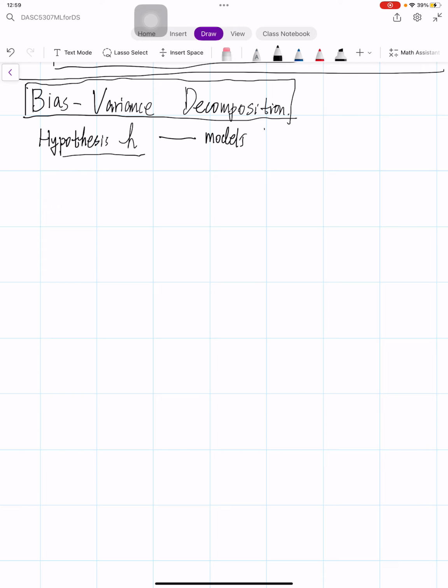For example, linear regression, polynomial regression, with constructed basis features.